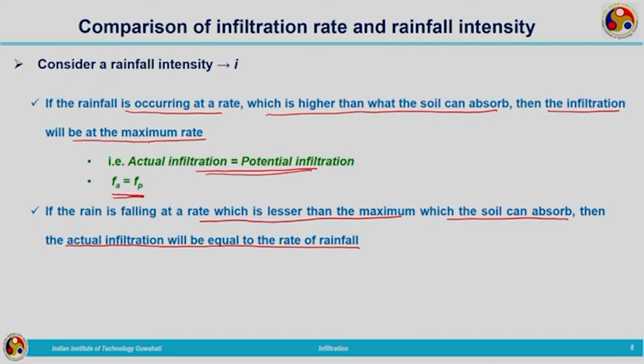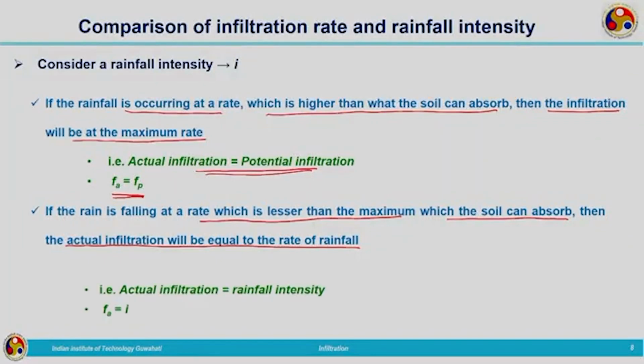In that case, whatever is falling as rainfall will be getting infiltrated into the ground. So, the actual infiltration taking place at that time is equal to the intensity of rainfall. It is not reaching up to the potential infiltration, because the rainfall intensity is less than the absorbing capacity of the soil. In that case, we can write actual infiltration is equal to rainfall intensity, Fa is equal to I.